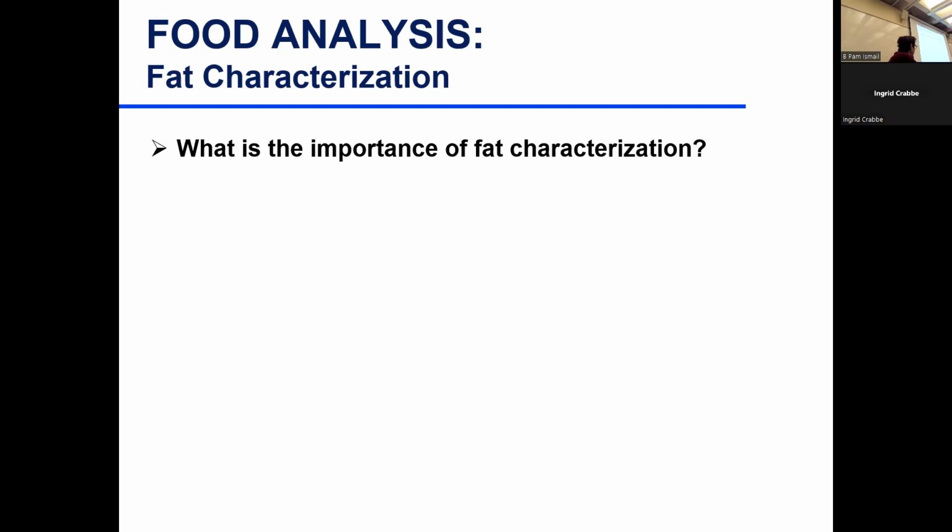It's very important when we formulate, we think about the types of fat we add, and we also want to think about shelf life, when the product is going to become rancid. So we have hydrolytic rancidity and we have oxidative rancidity. Hydrolytic meaning your triglycerides are going to break down and give you free fatty acids.